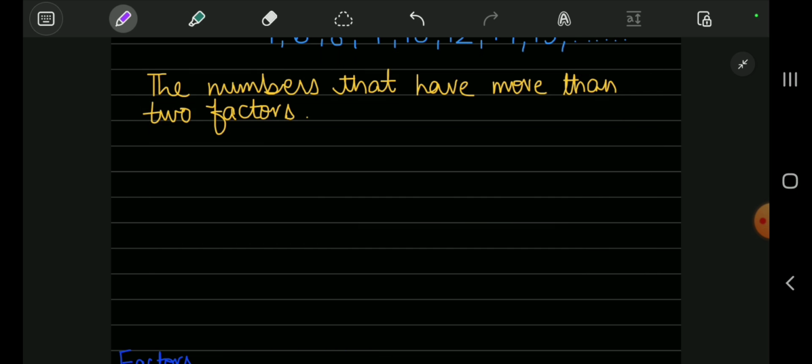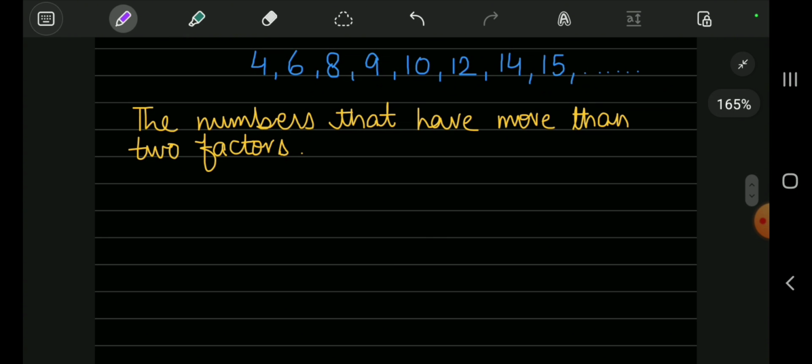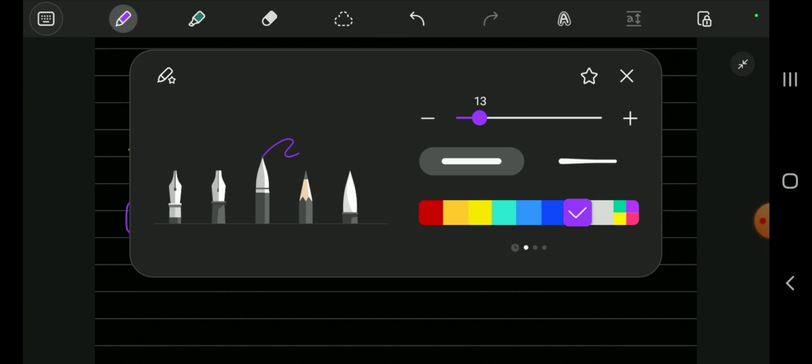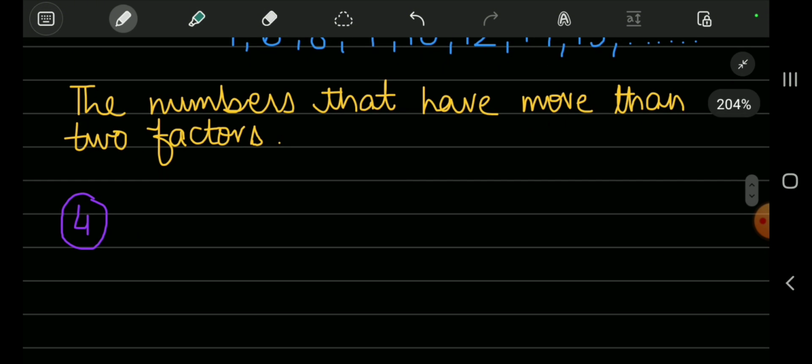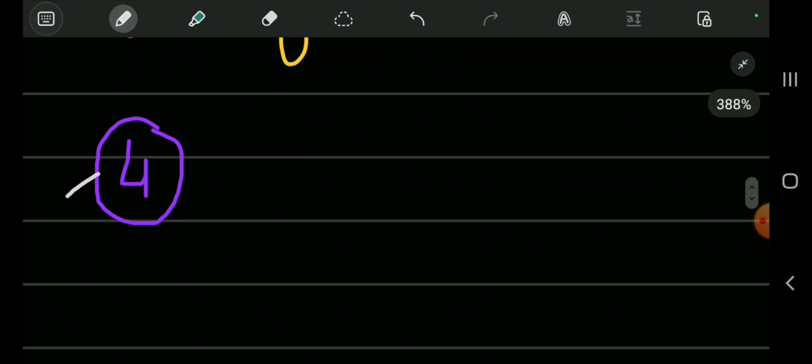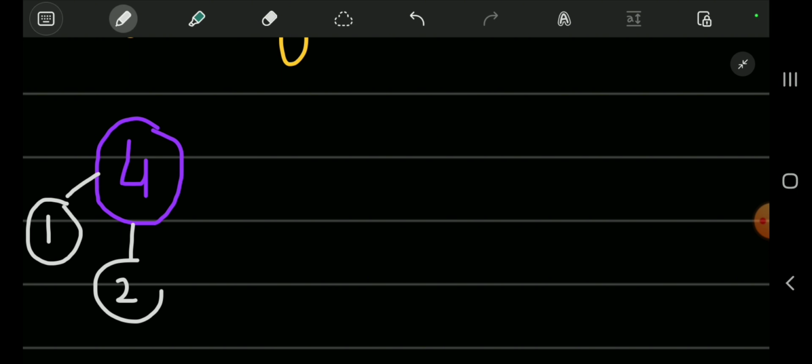For example, we have 4. How many factors does it have, or with how many numbers is it divisible? It is divisible by 1, by 2, and by 4.